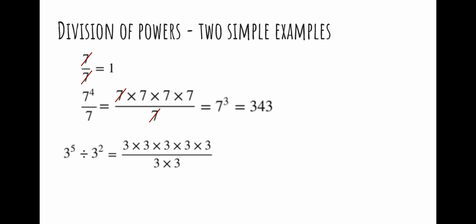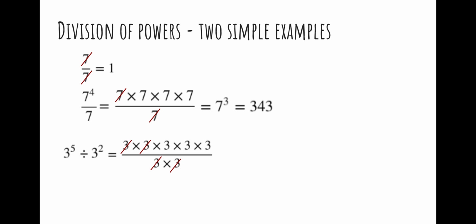And this is equivalent to, if we do it in expanded form, 3 multiplied by itself 5 times in the numerator, or the dividend, and 3 multiplied by itself 2 times in the denominator, or the divisor, excuse me. And so now we can see that we can cancel 1 time, 2 times those threes, and the effect of that cancellation is the number 1.